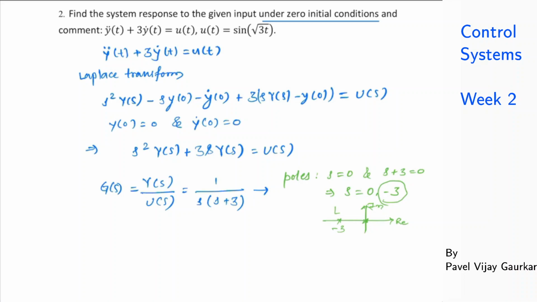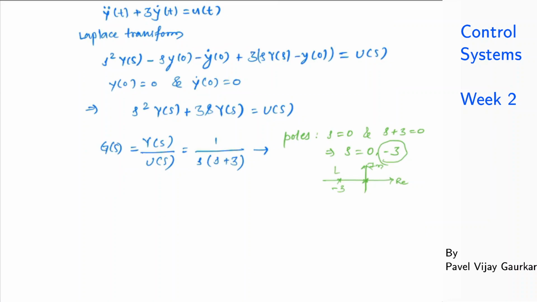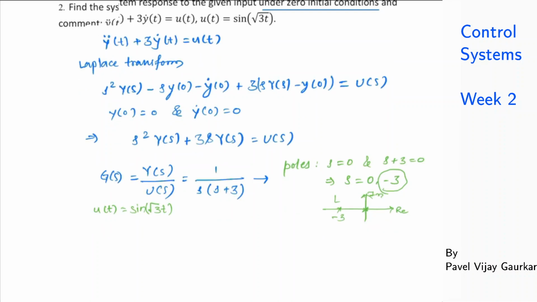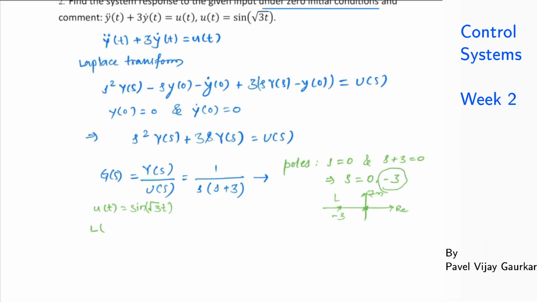So now, coming to the calculation of the response of the system. u of t is given as sine of root 3 t. The Laplace transform of the sine term, that is Laplace of sine omega t, is given by omega upon s square plus omega square.